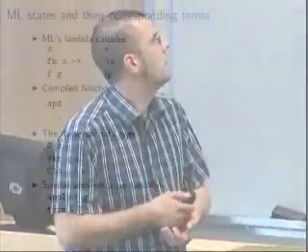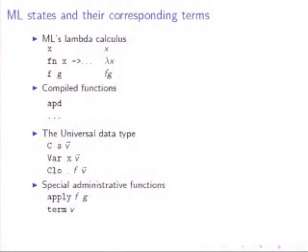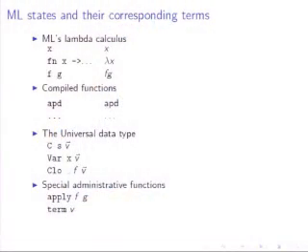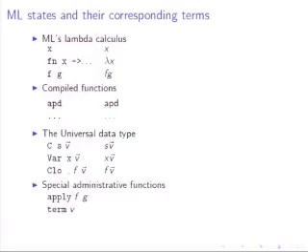And as I said, for each such internal ML object, we mathematically assign a term that it represents, and then make sure this term only changes according to the rules. So what are the corresponding terms? Well, ML variables should in some way correspond to term variables, ML application to lambda application, and abstraction to abstraction. The compiled functions stand for their syntactical counterparts. And there's the universal data type.